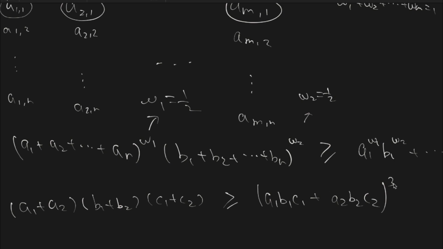Because, for example, these should be cube rooted right here. Cubed. And this is just an application of Holder's inequality by taking these to the 1/3, and then you sum these all up, take the product and you get this, take the second product, you get this, and then you cube it because you wanted to take this to the first power.